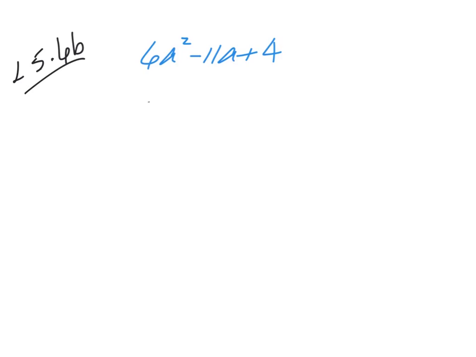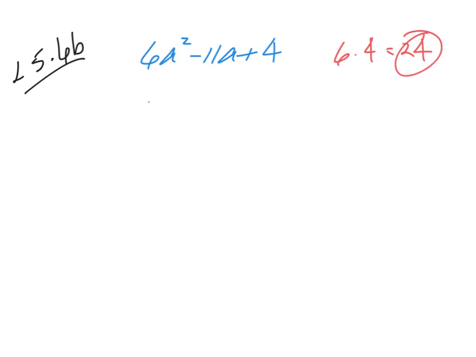So my only option is to take 6 times 4. Remember? You take this times this, and find two numbers that multiplied give you 24 and added give you negative 11.